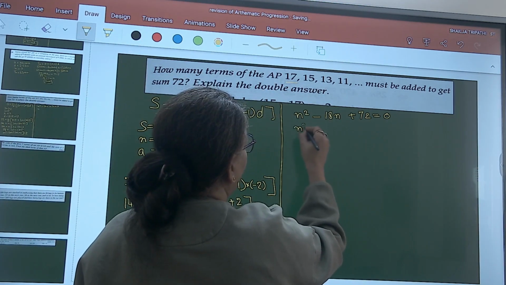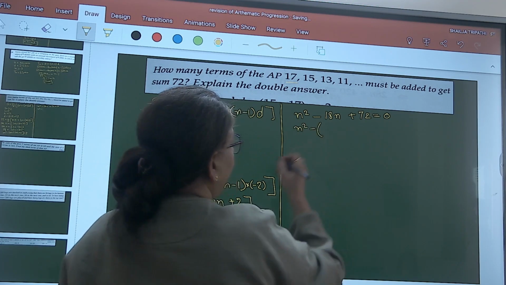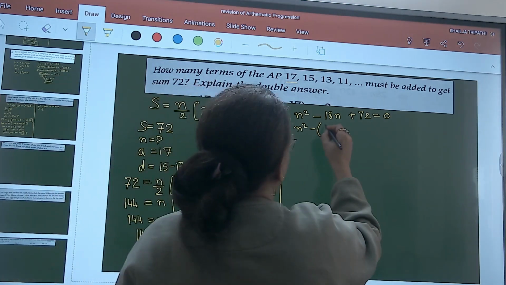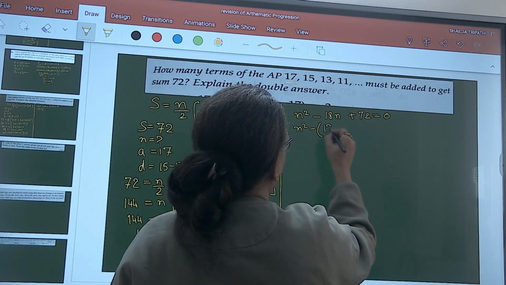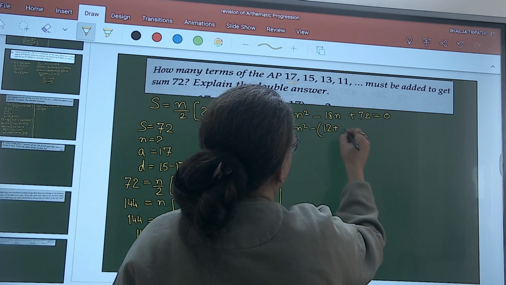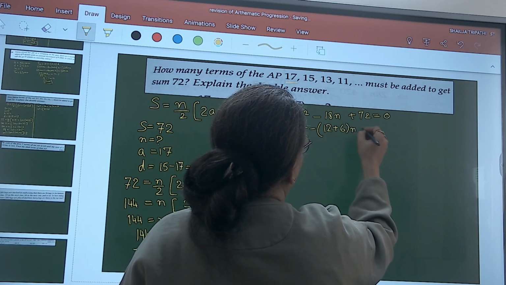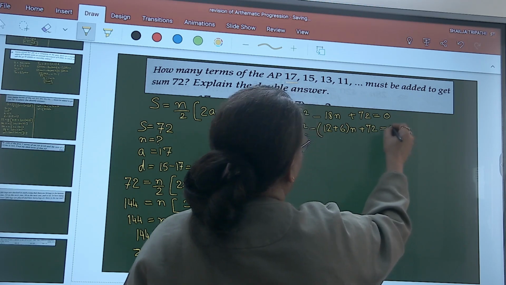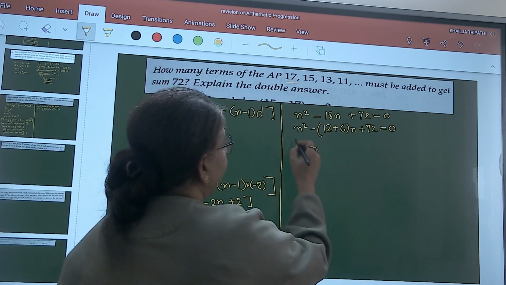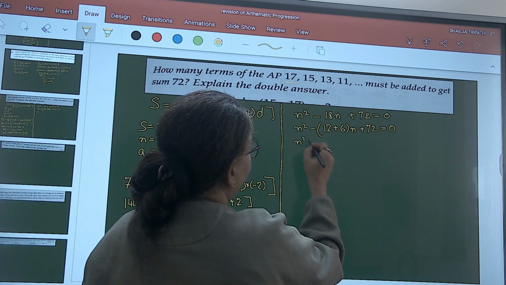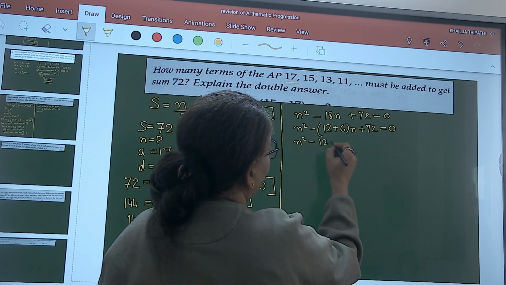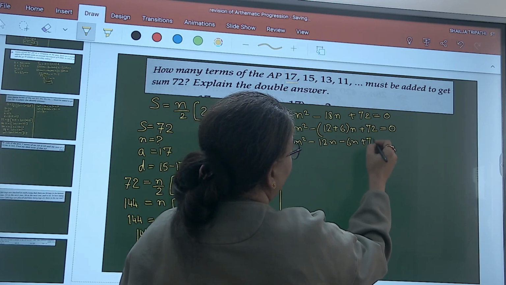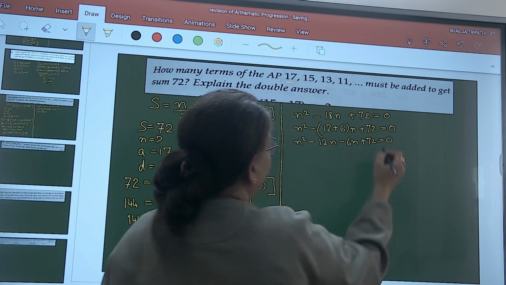We are following the middle term splitting method. So 18n is written as 12n plus 6n, and we get n square minus 12n minus 6n plus 72 is equal to 0.